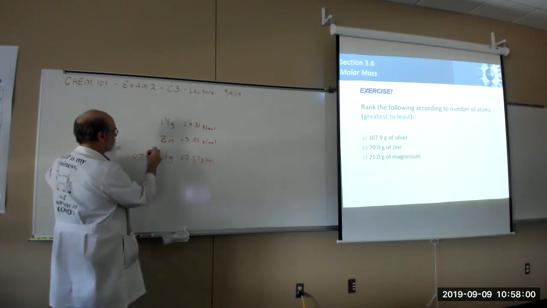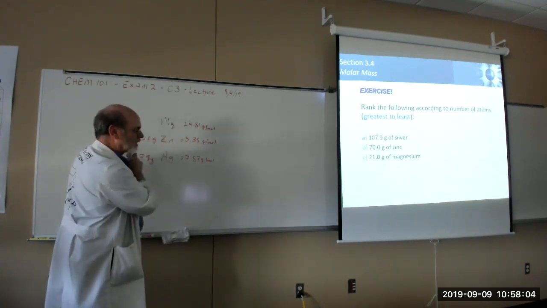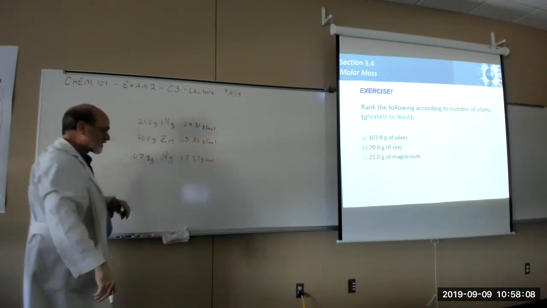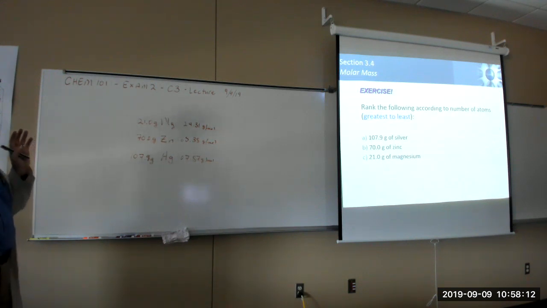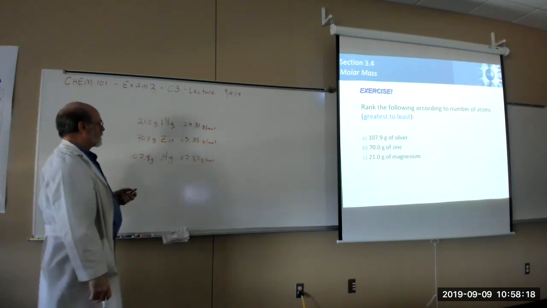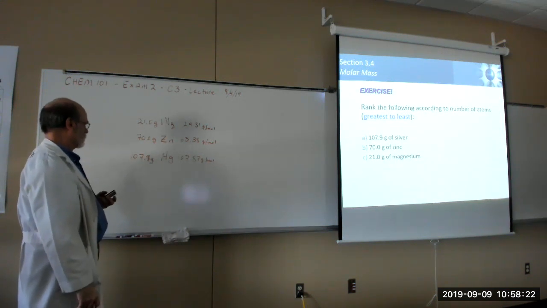Zinc is 70. And magnesium is 21. We don't actually have to calculate this one. It says order from greatest to least numbers. Right? So which one is going to be, is any one going to be equal to a mole?